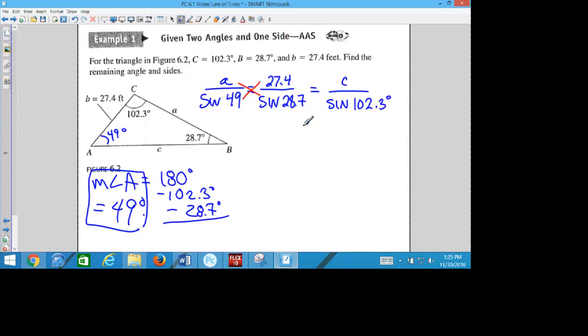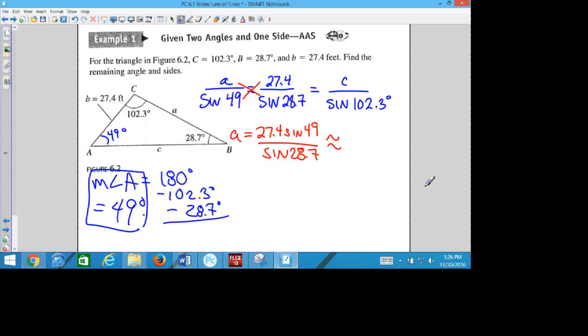So cross multiply here. I'm going to get A is equal to 27.4 sine 49 divided by sine 28.7. How do we find that answer? Calculator, plug it in. Those of you with those older calculators, you should really make sure you know how to plug them in correctly. If you don't have fractions on your calculator, make sure you know how to plug them in correctly. Try it.